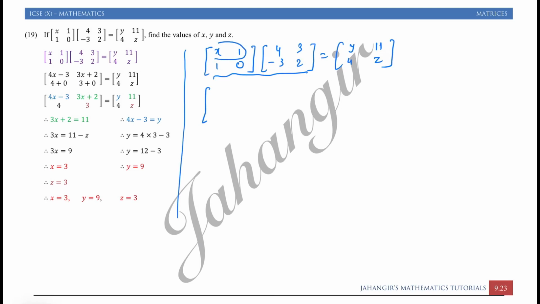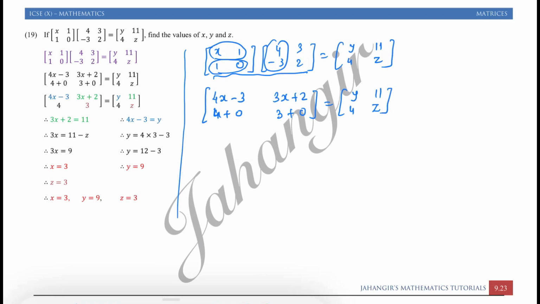So multiplying row by column. x into 4 is 4x minus 3. 1 into 4 is 4 plus 0. x into 3 is 3x plus 2. 1 into 3 is 3 plus 0. And [y, 4; 11, z].